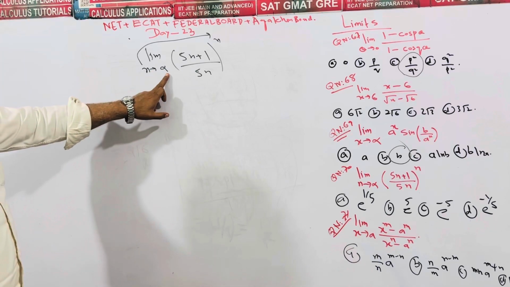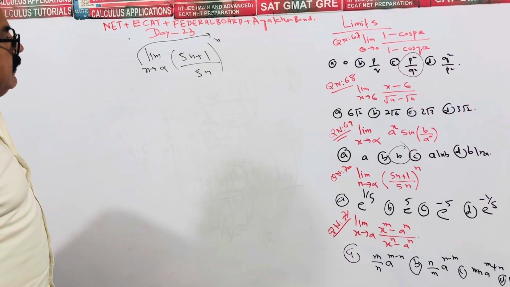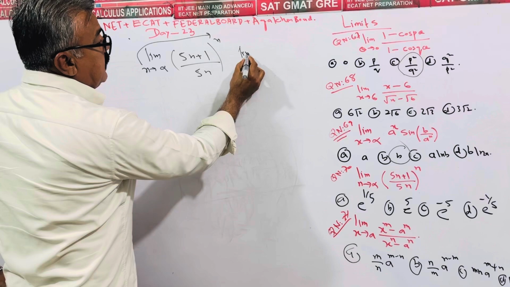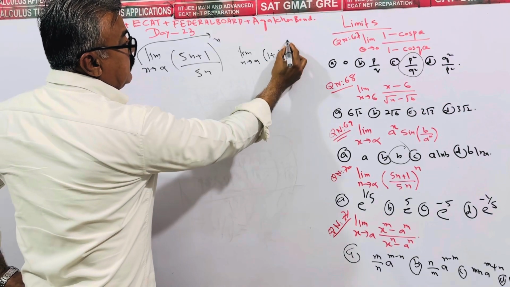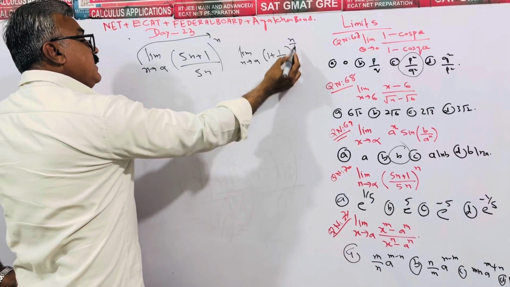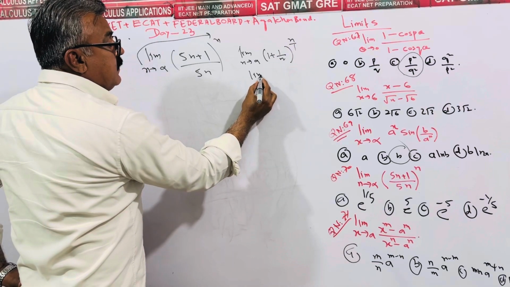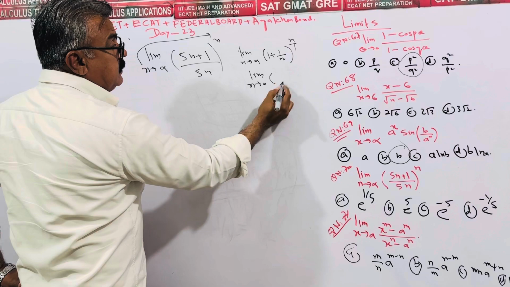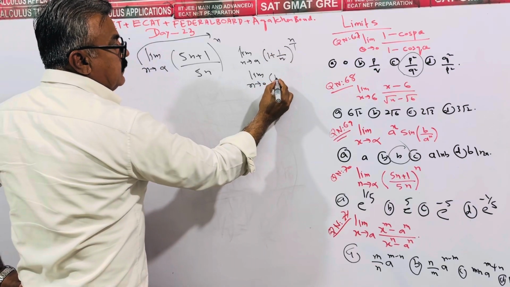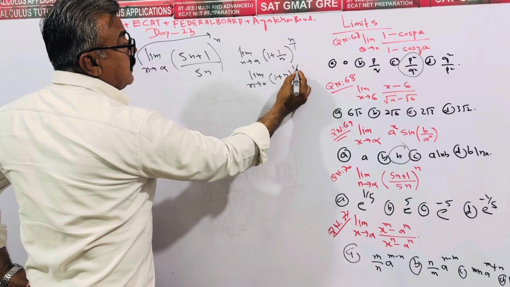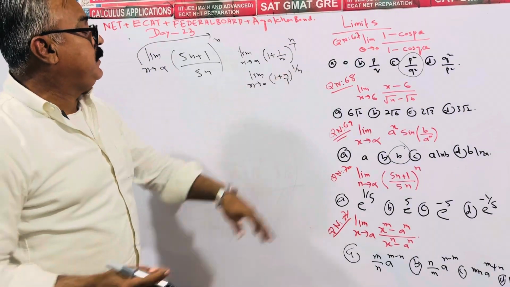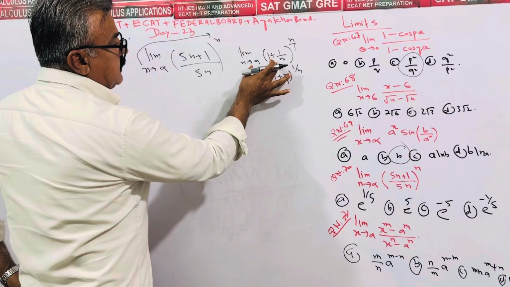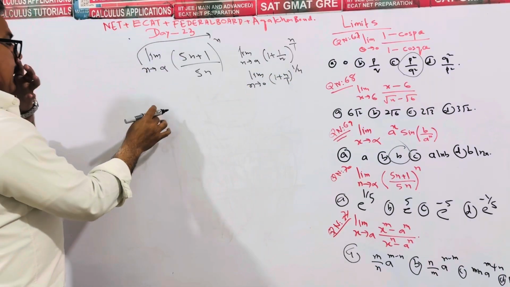The formula for e states that limit n tends to infinity, (1 plus 1 over n) raised to n. There is 1 over n, there must be n over 1. Another formula for the same is limit n tends to 0, (1 plus n) raised to 1 over n. So n over 1 will be there in case of infinity, and 1 over n in case of 0. Here it is infinity.